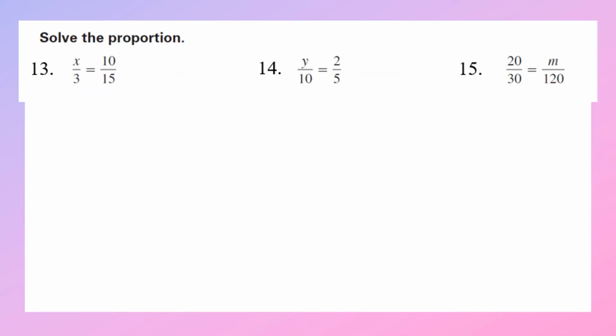So for 13, I went ahead and highlighted the different pieces here just so it's a little easier for you to realize which goes together. Sometimes I'll circle it, sometimes I'll highlight it, but if that's easier for you to understand the question, I would highly suggest you do that.